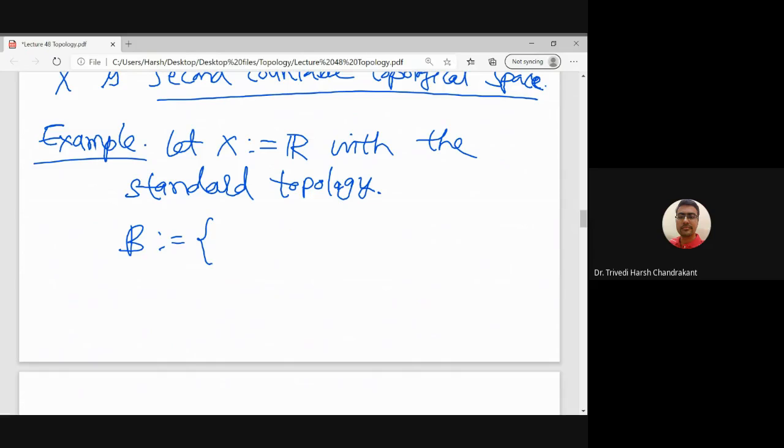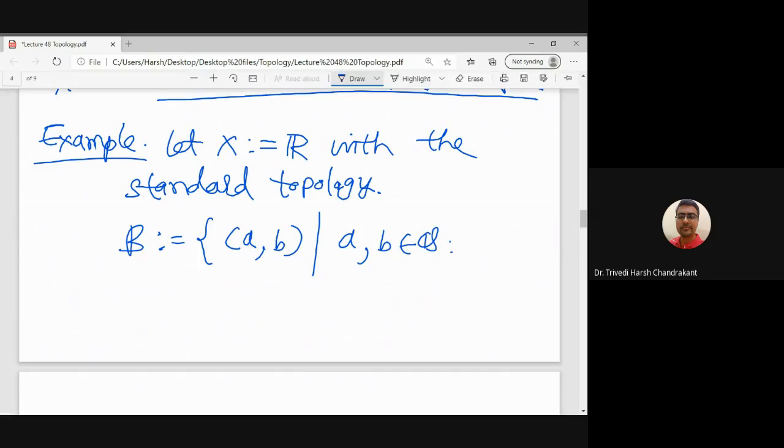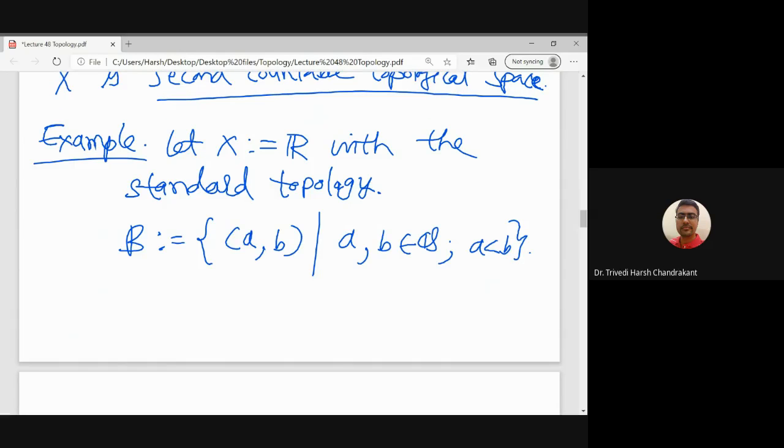But now I need a countable basis, so I need to modify the basis. So I will consider a basis which is the collection of intervals (a, b), where a and b I will take only rational numbers.